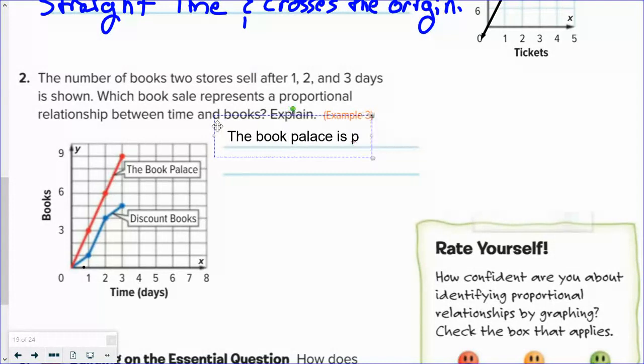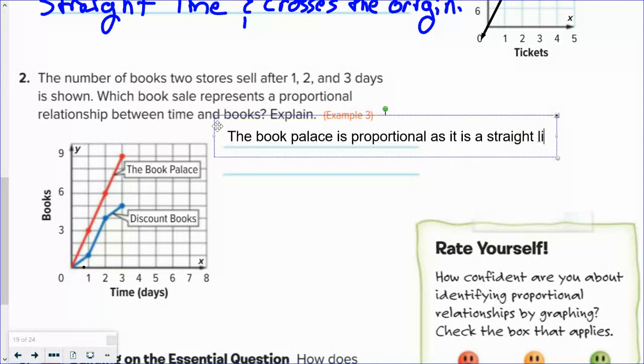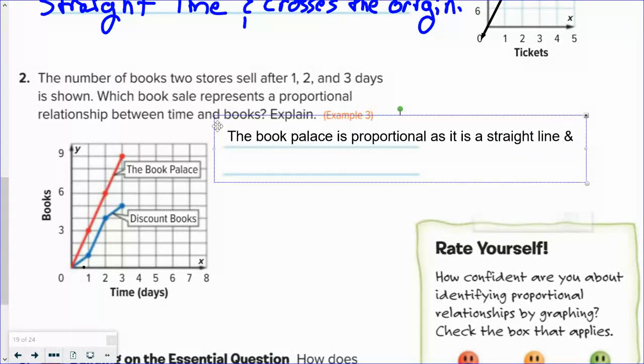Book Palace is proportional as it is a straight line and crosses the origin. Discount Books does not.